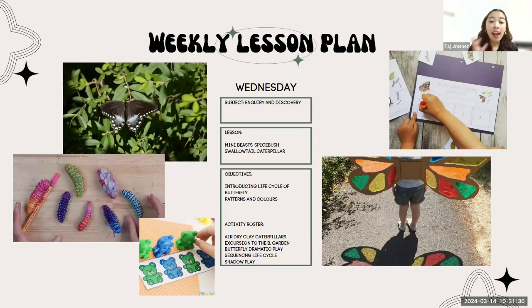Then 5 will do air dry caterpillars, 5 will do dramatic clay, 5 will do sequencing a life cycle, and another 5 will do shadow play. And all these will swap every 10 minutes. So you'll be able to let everyone experience all of the activities that you're able to prepare for that day.